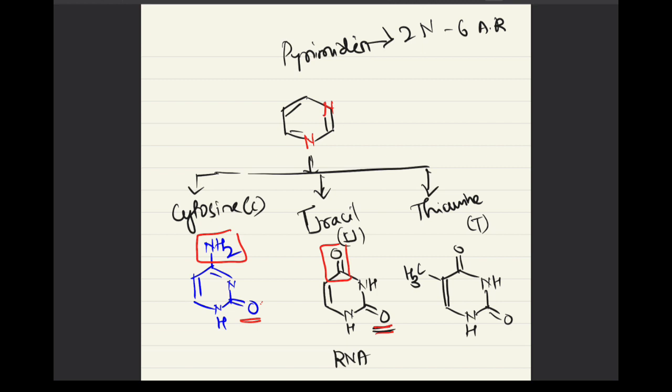The difference is, as we compare uracil and thymine, the C double bond O is the same, and there is an extra methyl group. This is present only in DNA. This thymine is also called 5-methyl uracil because the basic structure is that of uracil, only a methyl group is present in the 5th position, an extra methyl group in the 5th position.